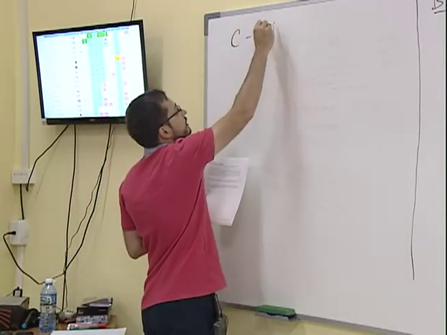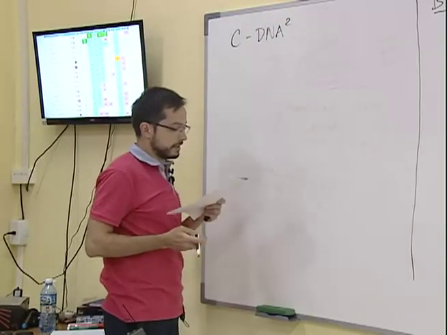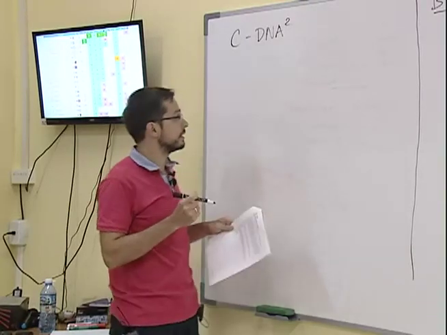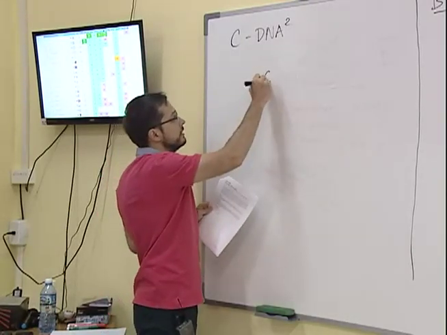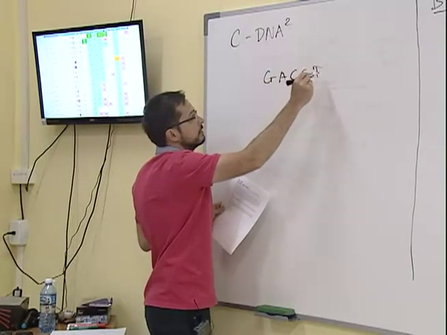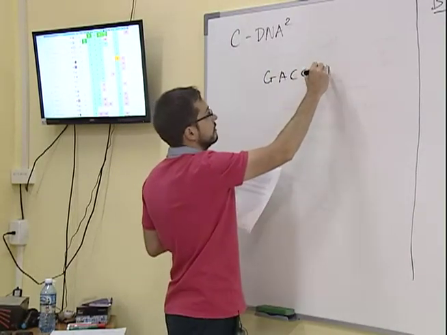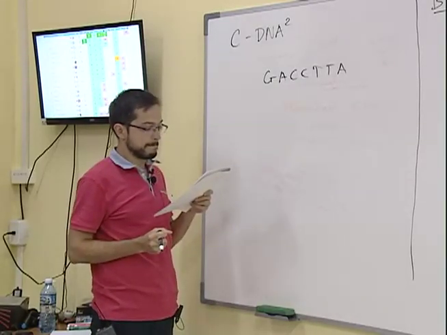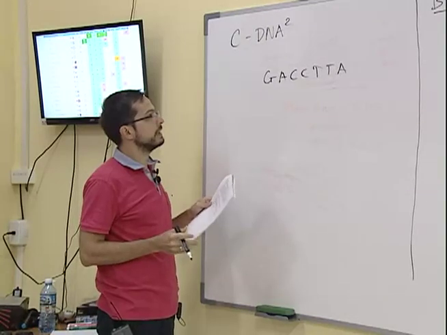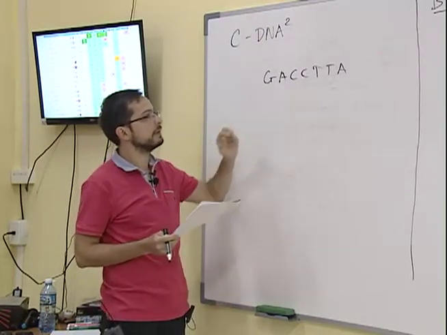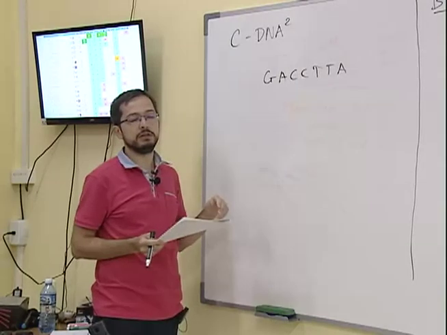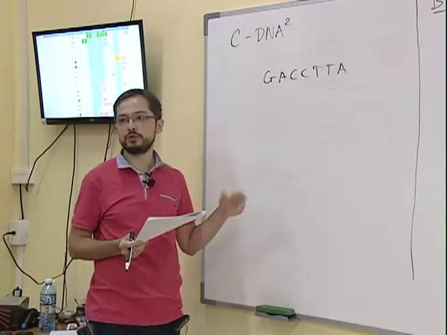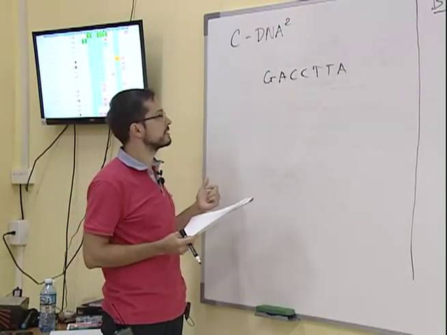So, DNA 2. Now we are given some DNA string, let's say something like this, and we would like to create a string with the same length, but in such a way that the longest common subsequence of these two strings will be as short as possible.